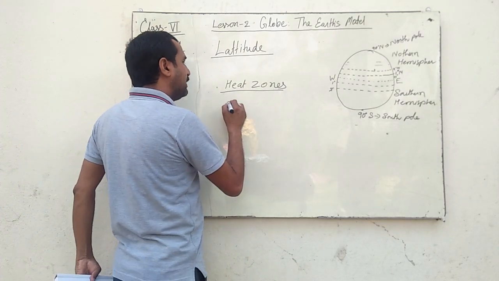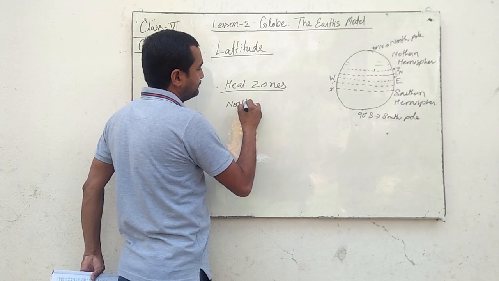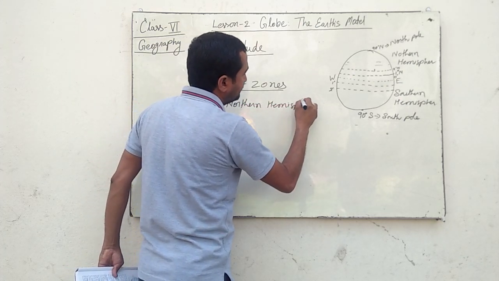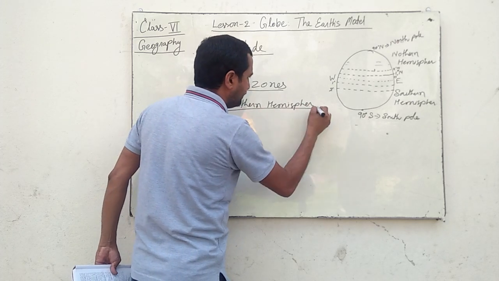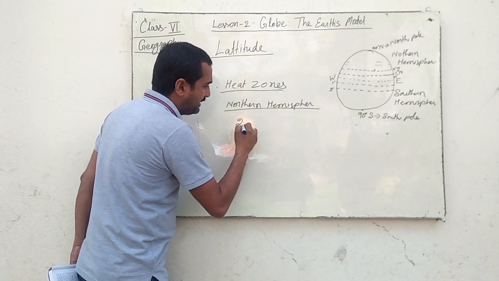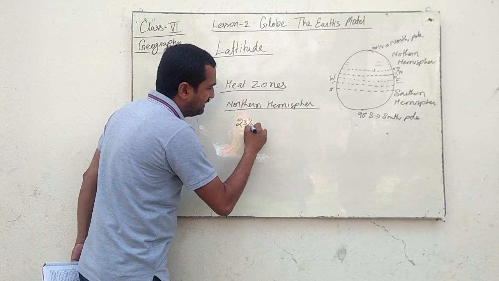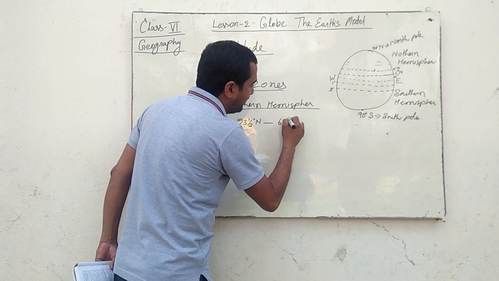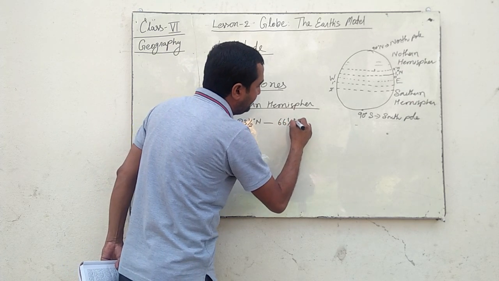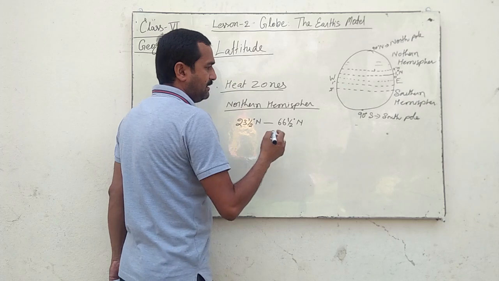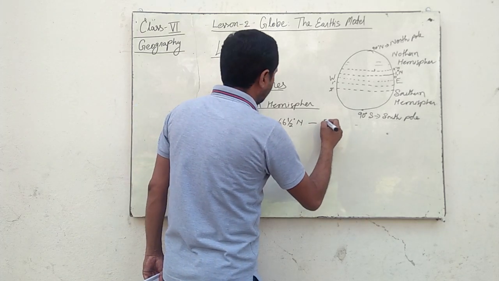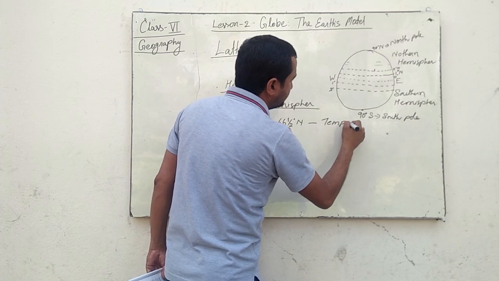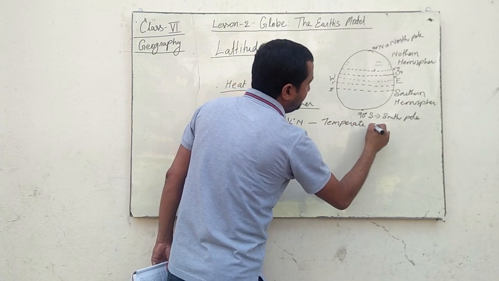Temperate zone in the northern hemisphere. From 23.5 degree north to 66.5 degree north, okay, is called temperate zone.